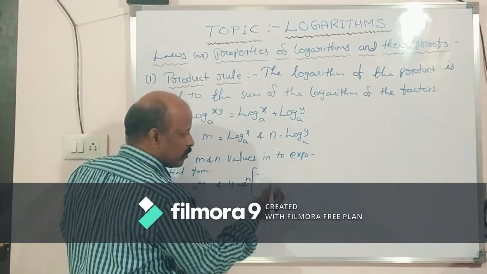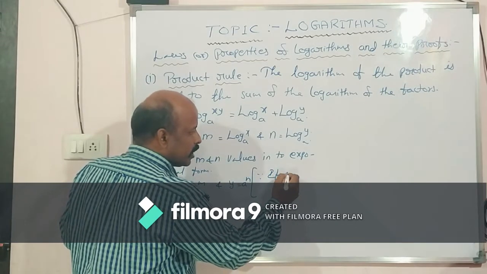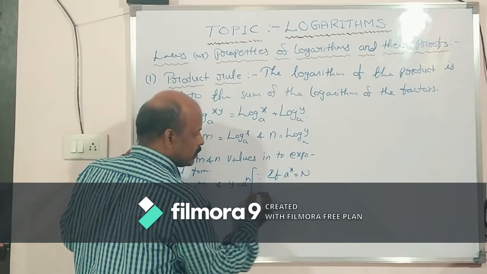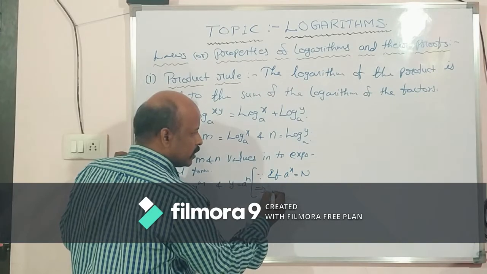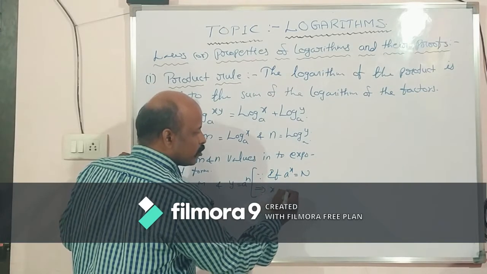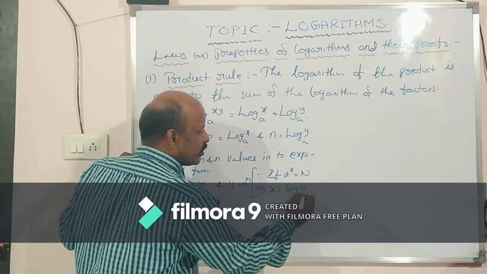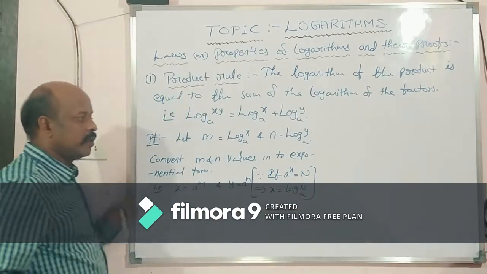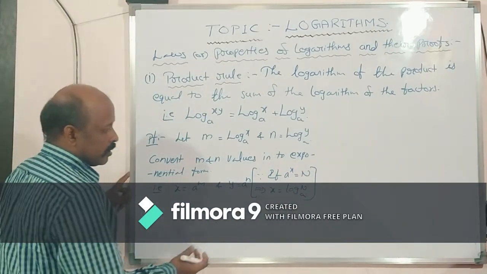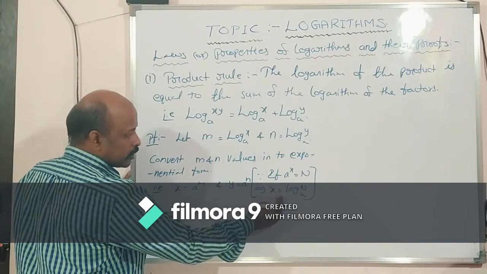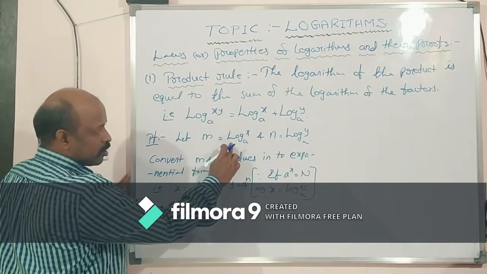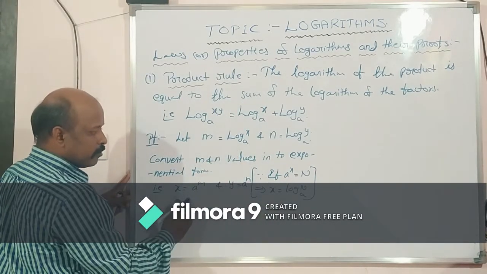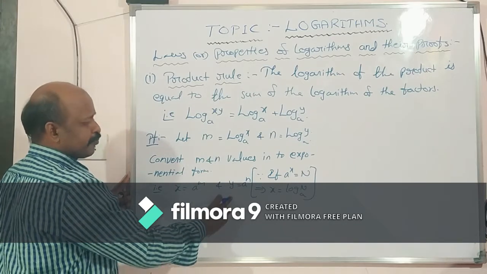Since we have one formula, if a power x is equal to n, then x is equal to log n base a. This is the definition of logarithm. So according to this definition, I wrote this logarithmic form into exponential form.